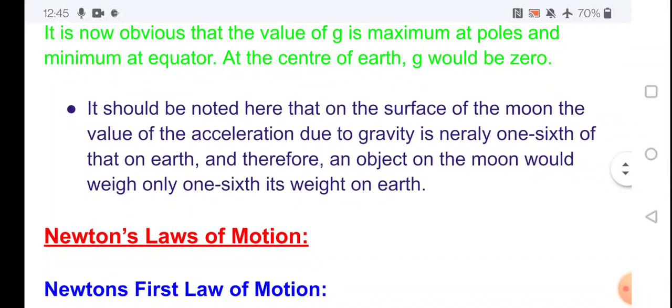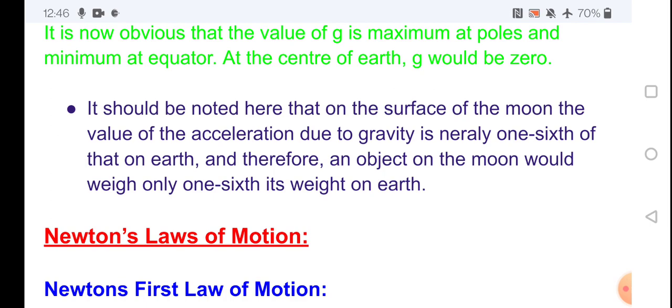It should be noted here that on the surface of the moon, the value of acceleration due to gravity is nearly 1/6 of the earth. So, an object on the moon would weigh only 1/6 of its weight on earth.